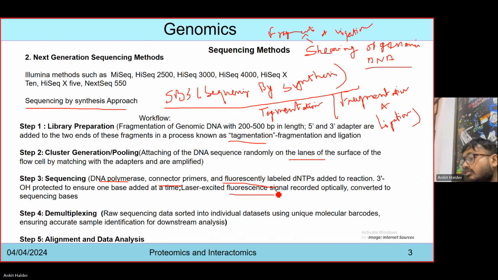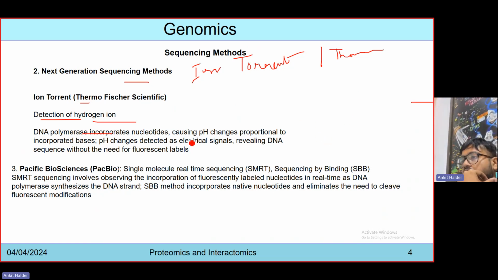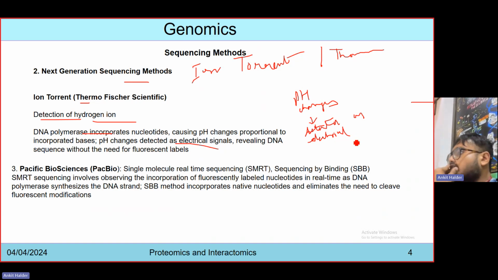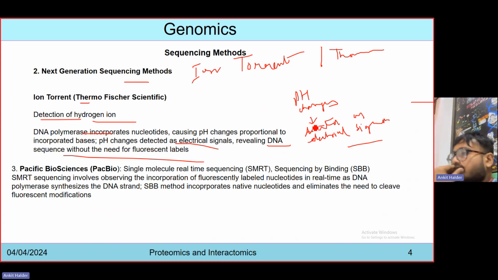But here, once it incorporates the nucleotides, it causes pH changes proportional to the incorporated bases, and these pH changes are detected as electrical signals, revealing the DNA sequence without the need for fluorescent labels.